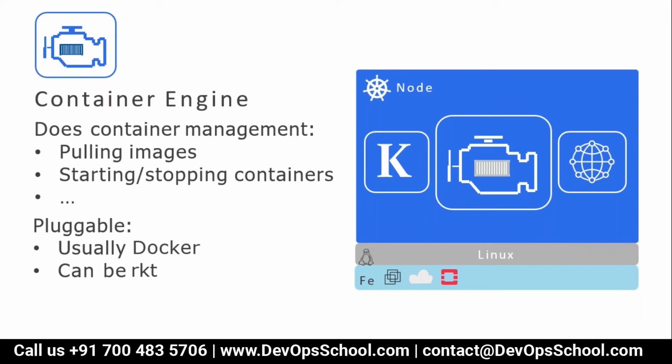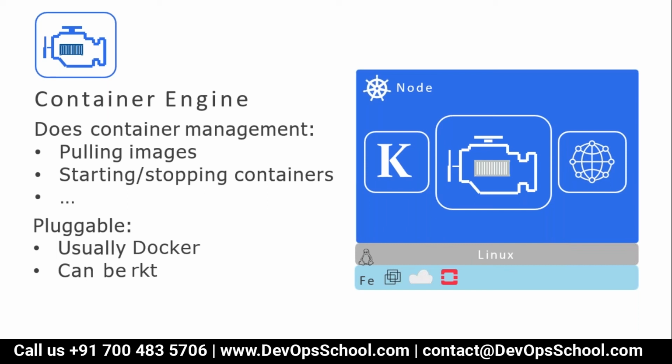Okay. So the second component is your container engine, which can be Docker or Rocket. The beauty of Kubernetes is that you can change the container engine. It can be Docker, Rocket, CRI-O, and so many other container engines. Docker is one of the popular ones. So what is the work of Docker? I assume you know that. If you have no idea about Docker, that's the prerequisite.